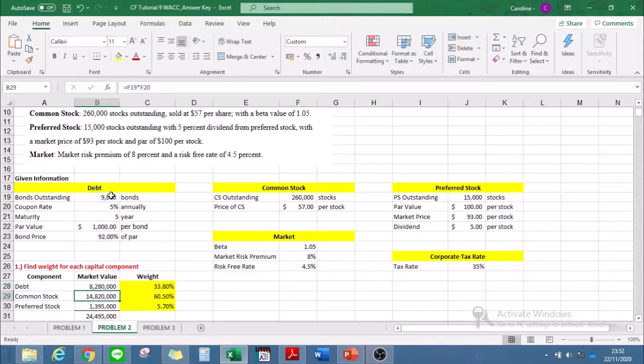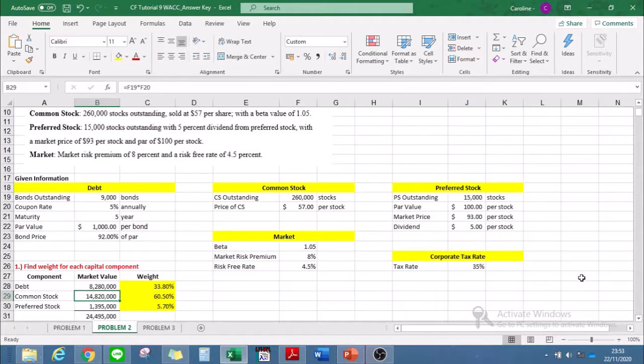Okay, and you find that the market value of the debt is 8,280,000. And for the common stock, it is relatively easy because you just multiply the price of the common stock with the common stock outstanding. Okay, and you find that the common stock market value is 14,820,000.